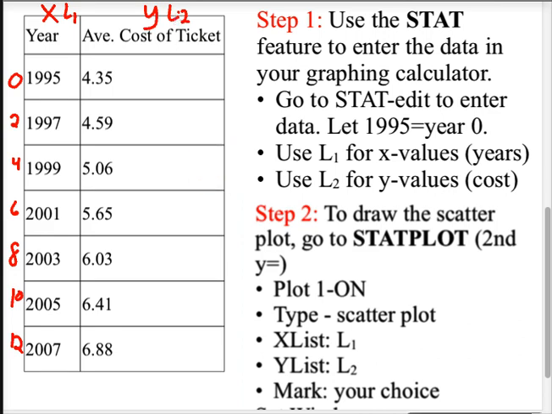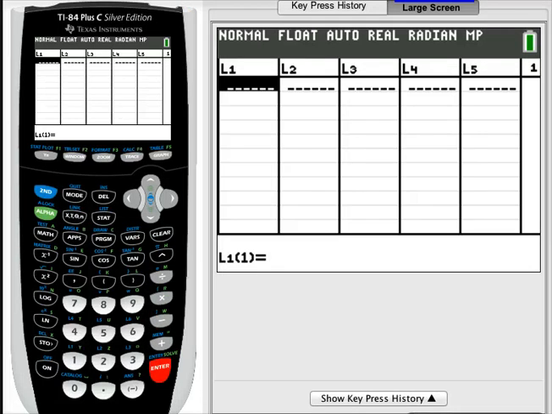So again, in your list 1, you're going to put the years: 0, 2, 4, 6, 8, 10, 12. In list 2, you're going to put those Y values, the average cost of tickets.